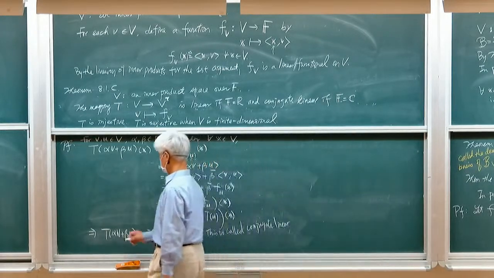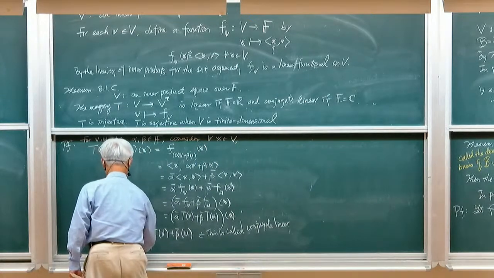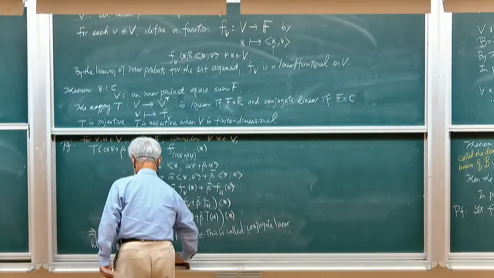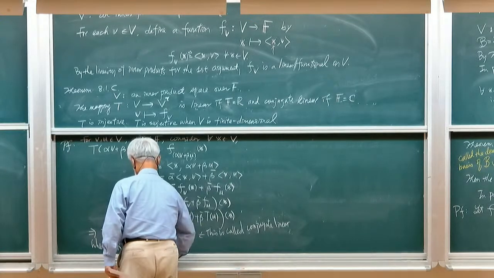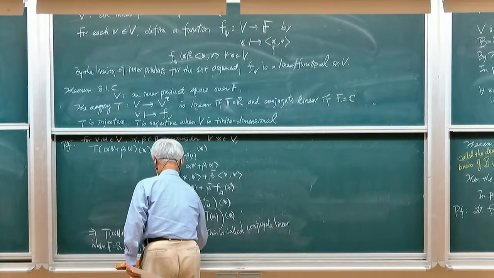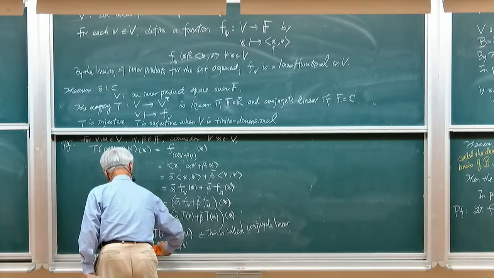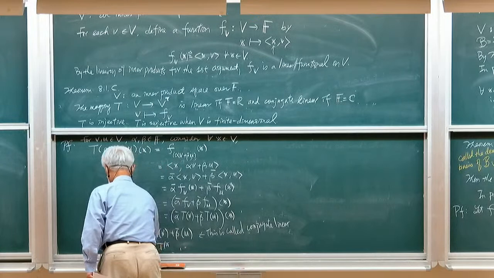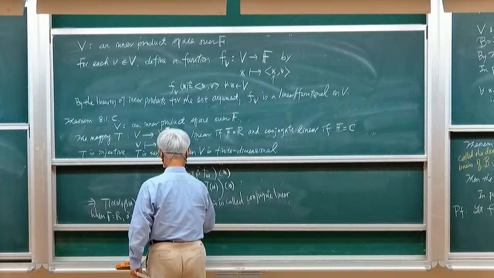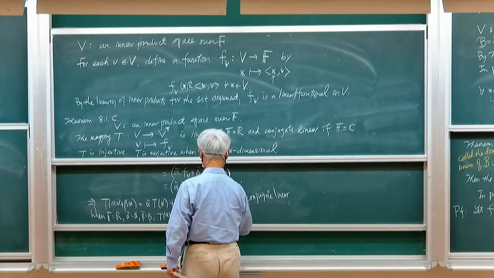But when F equals R, then alpha bar equals alpha, and beta bar equals beta. So T(alpha v plus beta u) equals alpha T(v) plus beta T(u).